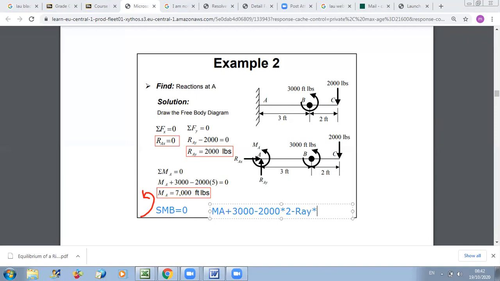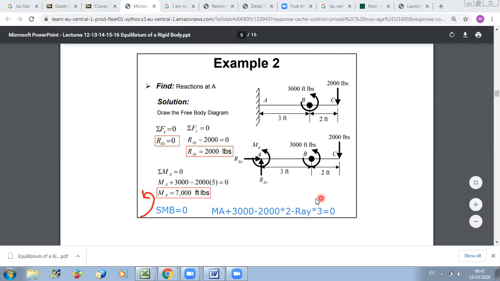Okay, because both RAy and the 2000 force are exerting a moment in the clockwise direction about B. So you should account for the moment of RAy and for the moment of the 2000 Newton force, and both are rotating like this.